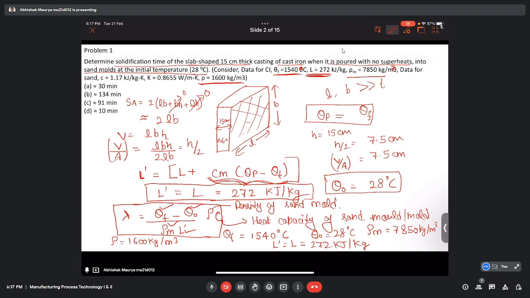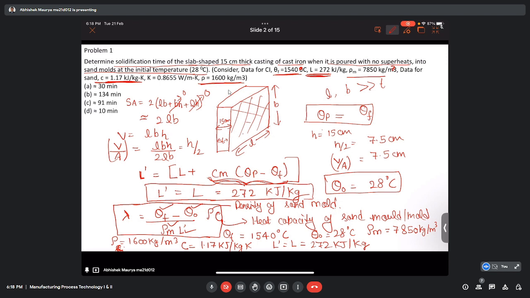So C is the heat capacity of the mold material. So we will write C here. That is given here. C is equal to 1.17 kilojoule per kg Kelvin.